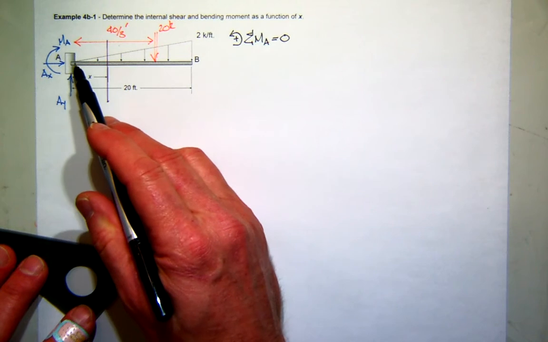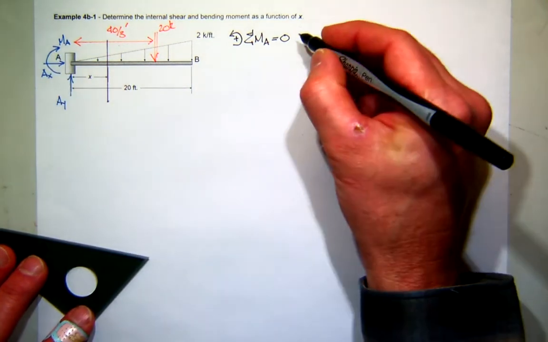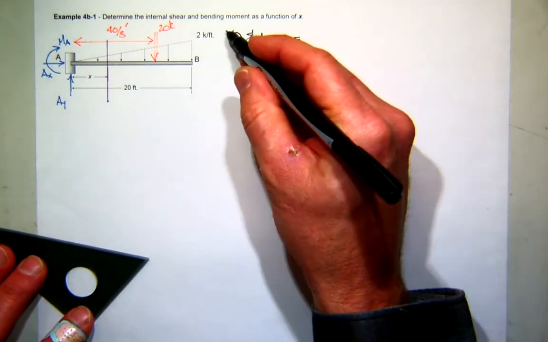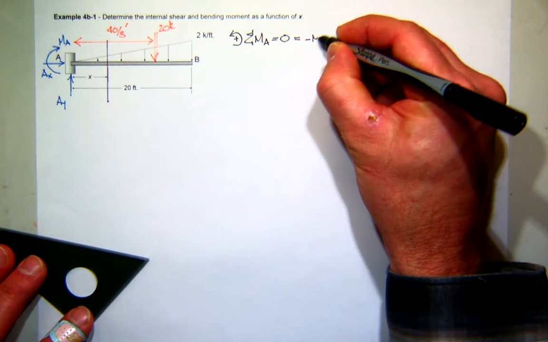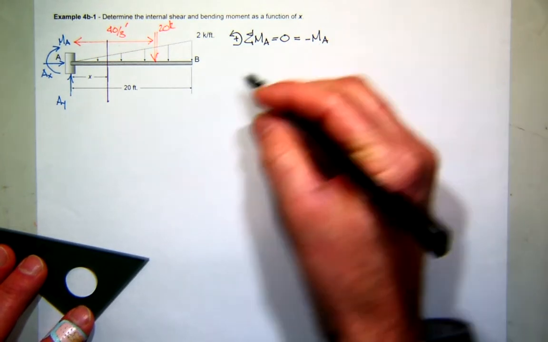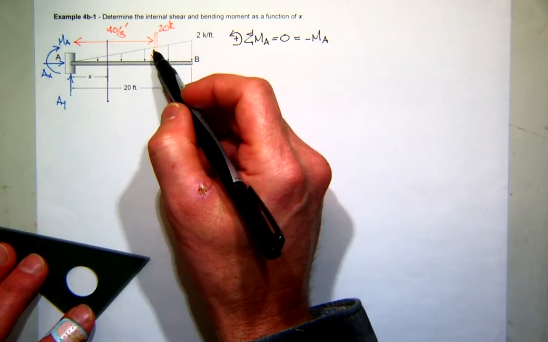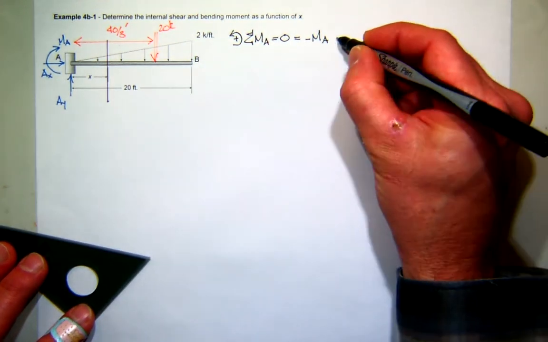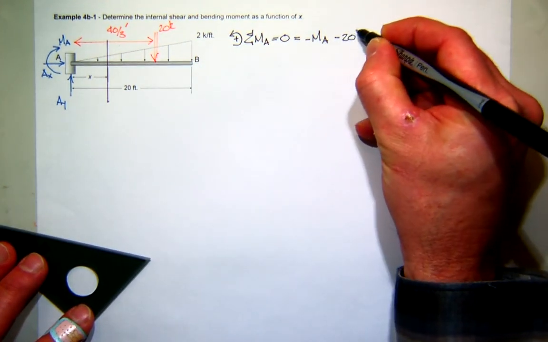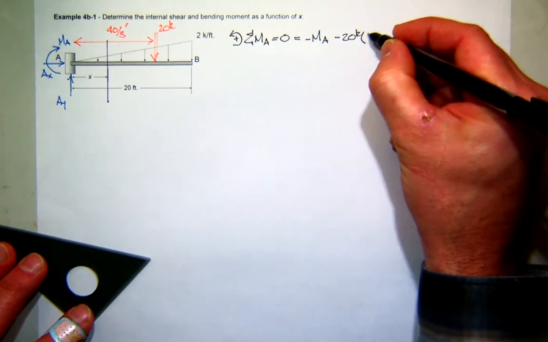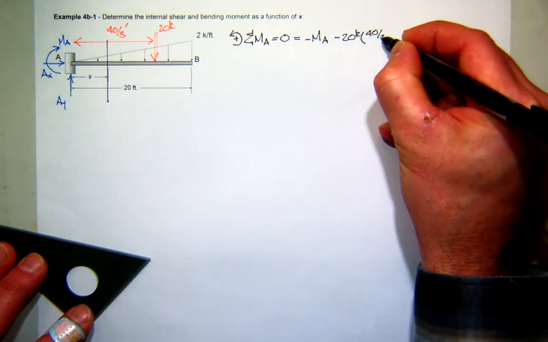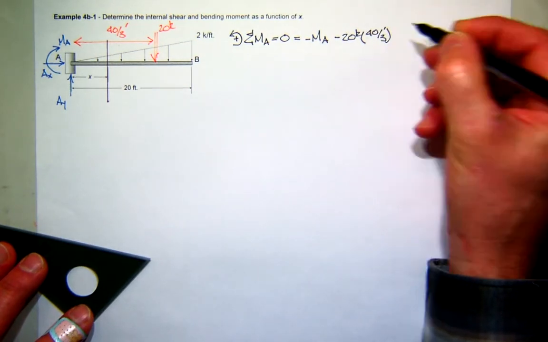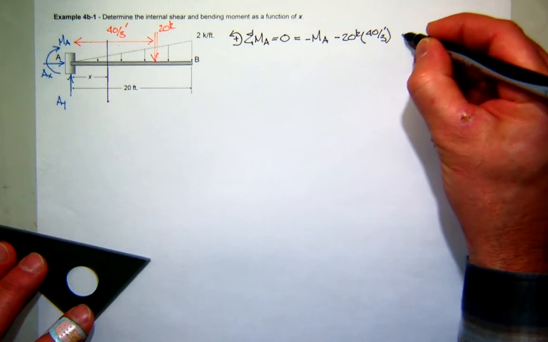So summing moments about A, I have my internal moment, which I'm using right-hand rule, so it comes out negative. And about A, this 20 kip force also creates negative moment, right? 20 kips times a moment arm of 40/3 feet. So what's the moment at A equal to?